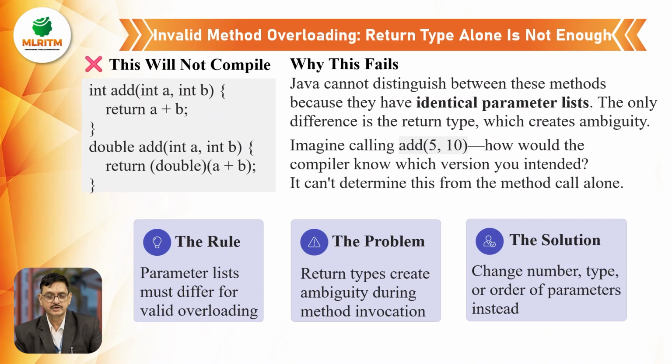In these conditions, you can differ the data types, the number of arguments, or even the order of the arguments. Now, when will it not compile? For example, if we have two methods, add with int a and int b as arguments, and the return type is integer.